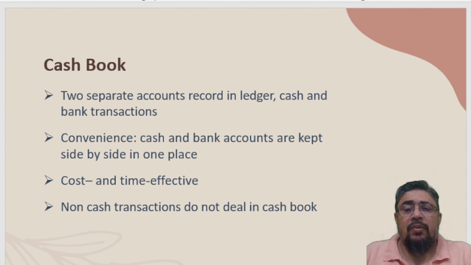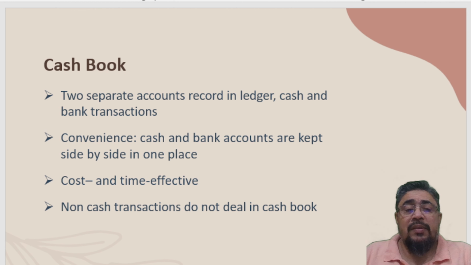In particular, we can quickly see overall balances. Cash and bank accounts are kept side by side in one place, and it is cost and time effective, as no separate bank account needs to be maintained.